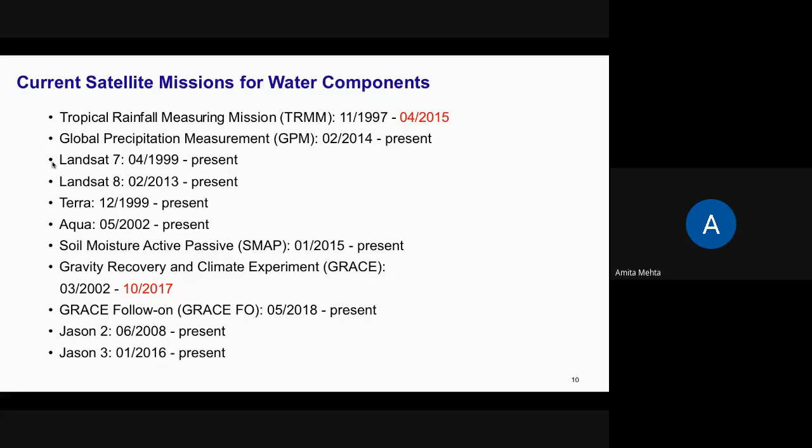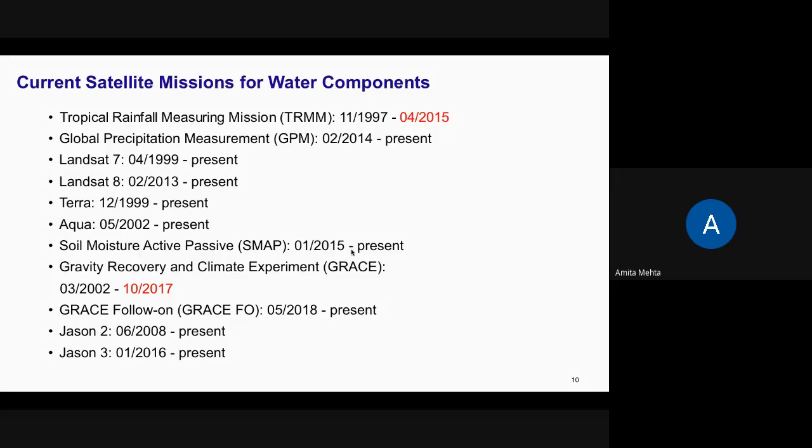The current satellites flying are Landsat 7 and Landsat 8, which provide information from 1999 to present. As I mentioned, Landsat 9 will be launched pretty soon as well. Terra and Aqua are also long-term missions, from 1999 and 2002 respectively, so they also provide close to 20 years of observations now.